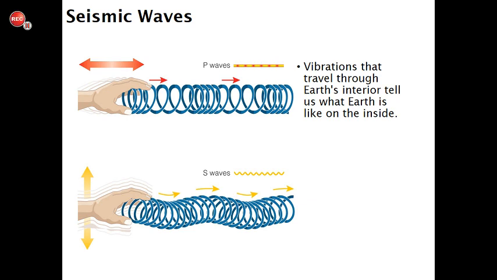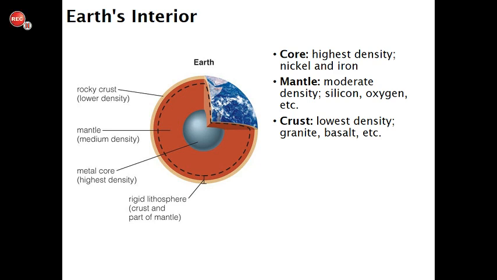These two types of waves both propagate through solid material. And what we find, by measuring the properties of the waves that we see, is that inside the Earth there has to be some sort of solid-ish core that's mostly metal, very high density stuff. And then as we go outwards, the density drops. The mantle is going to be medium density. It's going to be stuff like silicon and oxygen compounds, minerals, effectively.